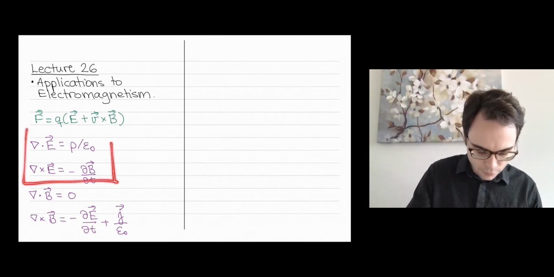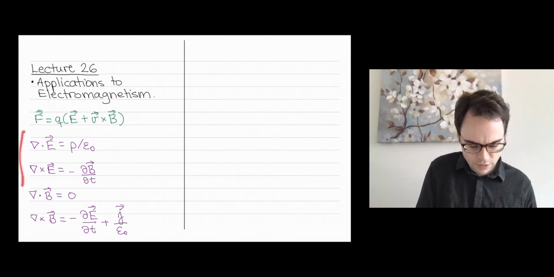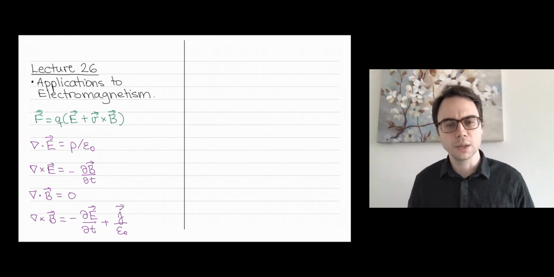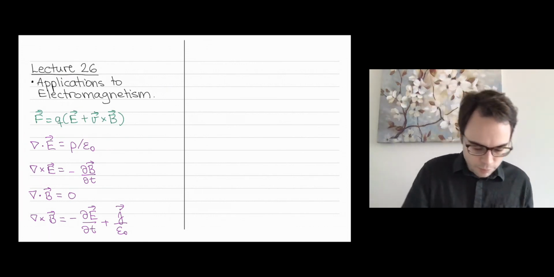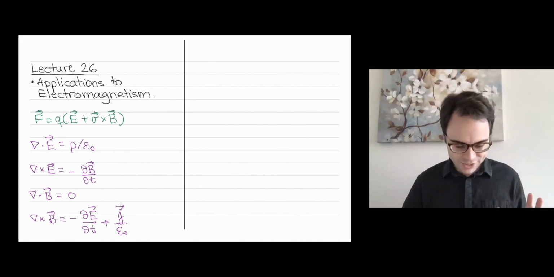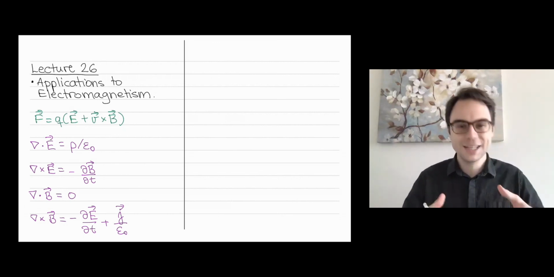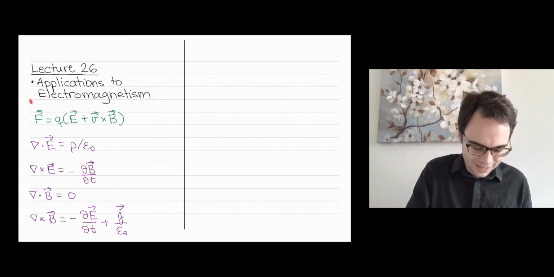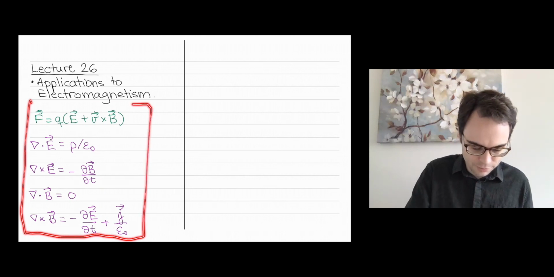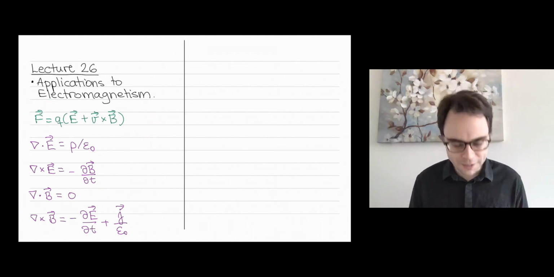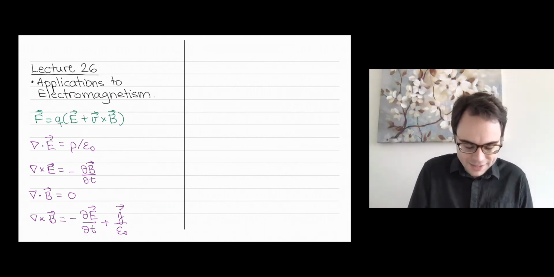So today I want to give you applications of the first of these equations. I told you that all there is to know about electromagnetism is contained in these equations, but it's not clear.